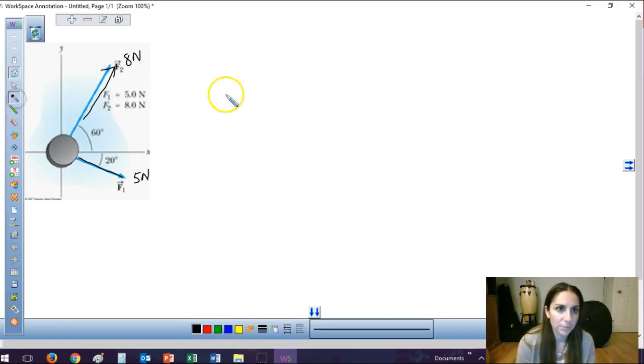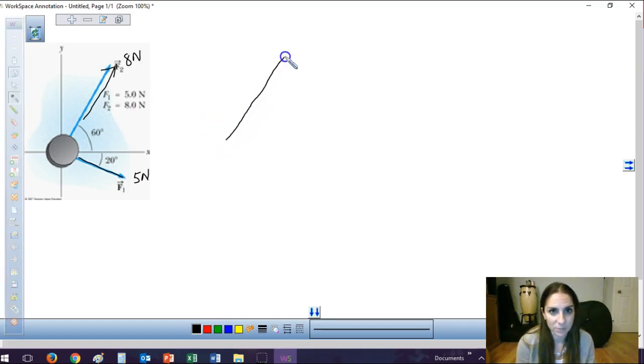So what I'm going to do, and this is what you'll do in your lab, is take the force out of the problem. So I'm going to start off with this 8 Newton force right here. And what I have is going to be the x component and the y component, like that. Now I like to draw the arrows because it helps me get the sign.